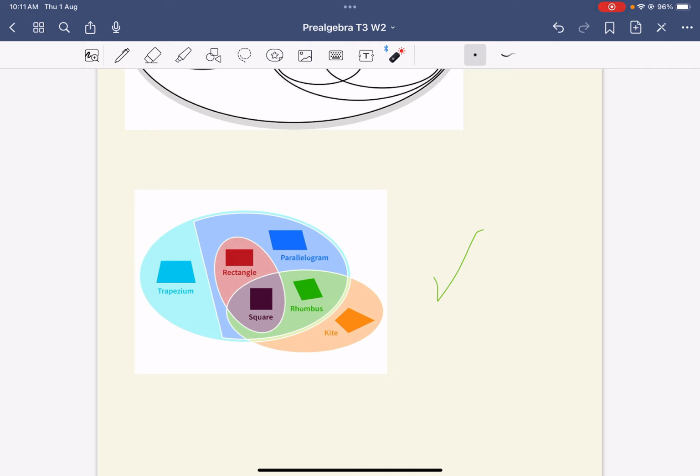And then the one that is not completely inside another shape is the kite. The kite is separate from the trapezium, except there are some shapes that belong to both, like the rhombus and the square belong to the kite, but that's also inside the trapezium. So the intersection between the kite and the trapezium is the squares and the rhombus.